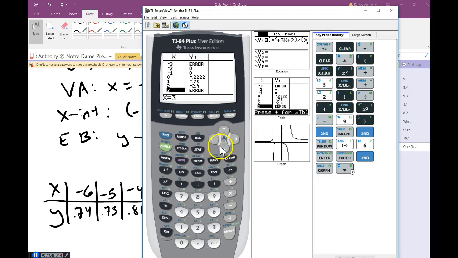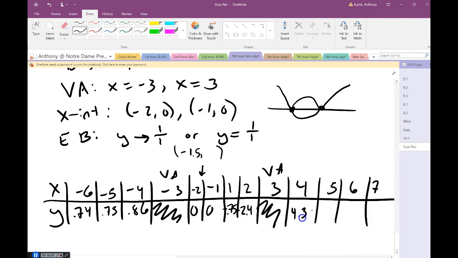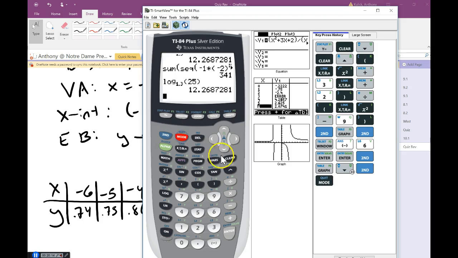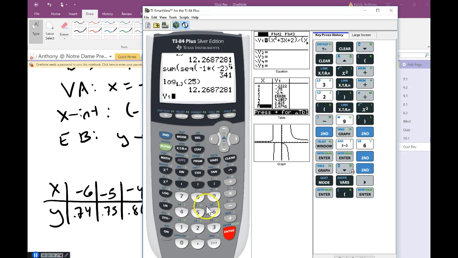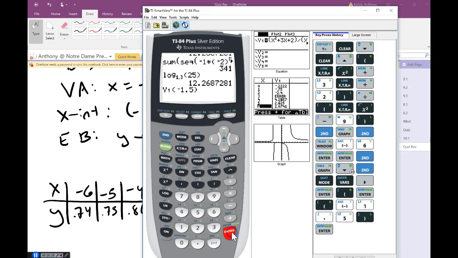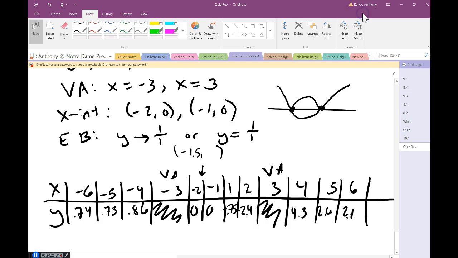Okay. And then we have 4.3, 2.6, 2.1. I don't care about the 7. Let's go back and get that. Negative 1.5. I forgot about him. I'm just going to do it this way because it's a little bit quicker. So that's 0.4.